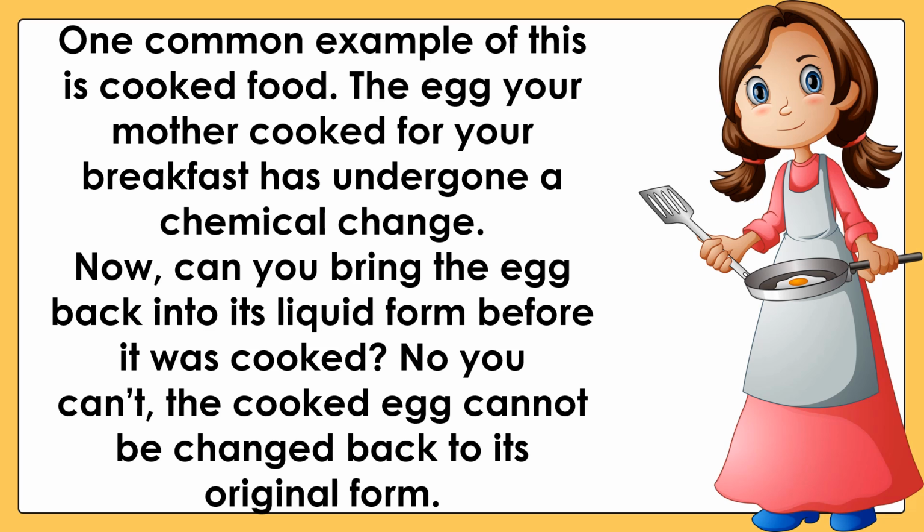The egg your mother cooked for your breakfast has undergone a chemical change. Now, can you bring the egg back into its liquid form before it was cooked? No, you can't. The cooked egg cannot be changed back to its original form.